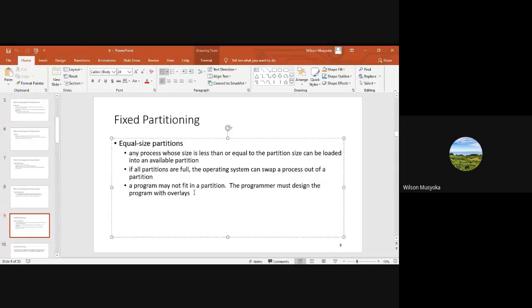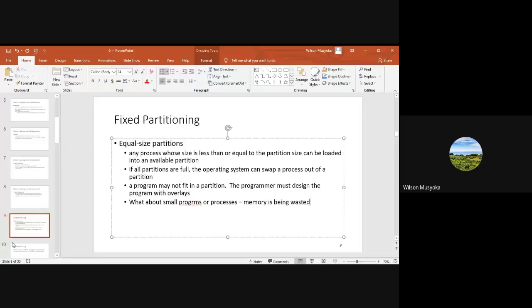But the question comes in, what about small programs or processes? Then memory is being wasted, because the partitions are fixed in size.